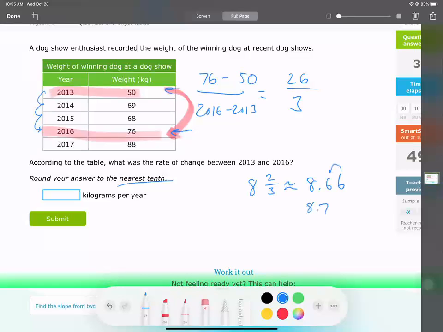And 8.7 is just a number, but in this prompt, it is 8.7 kilograms, let's say kg per year. So if I add 8.7, then 8.7 again, then 8.7 again, it'll get us to 76.